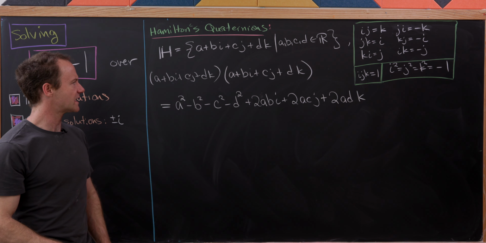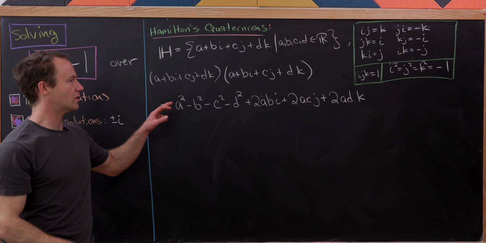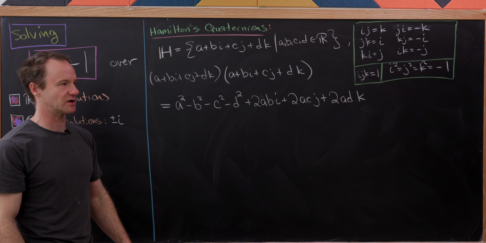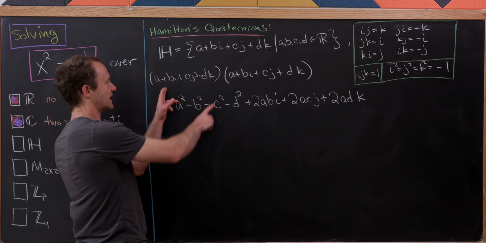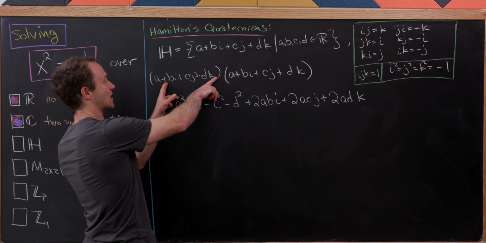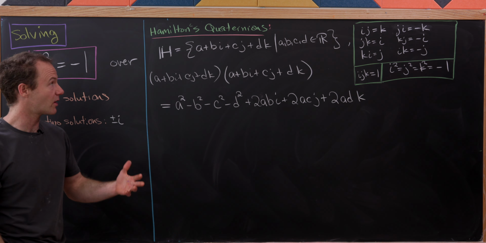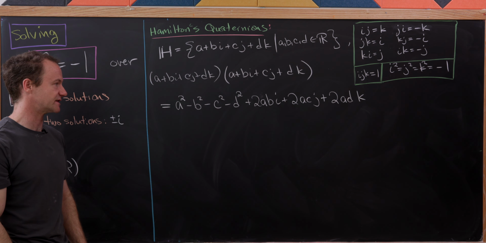Now what else do we have? We'll get the terms that come from the pure imaginary parts multiplying into each other. I'd like to point out that these combinations of i, j, and k are the pure imaginary parts of the Hamilton quaternions.